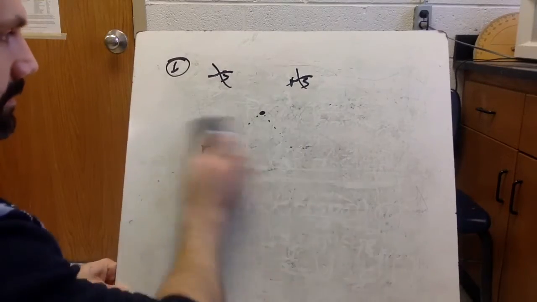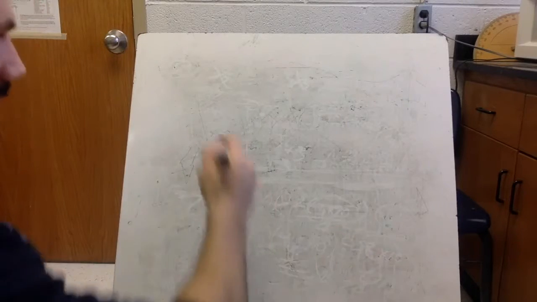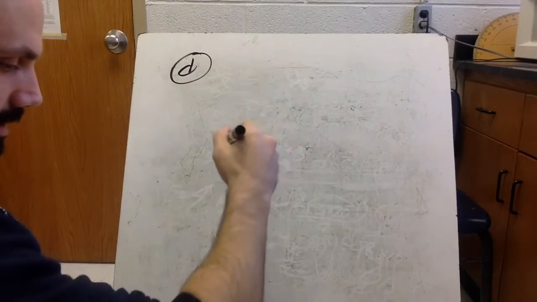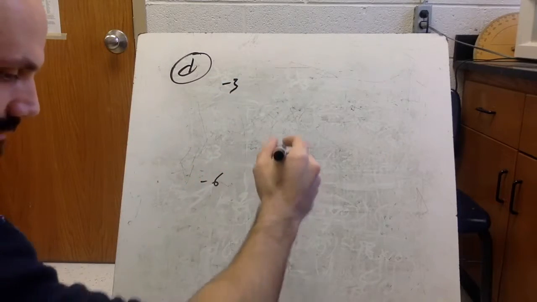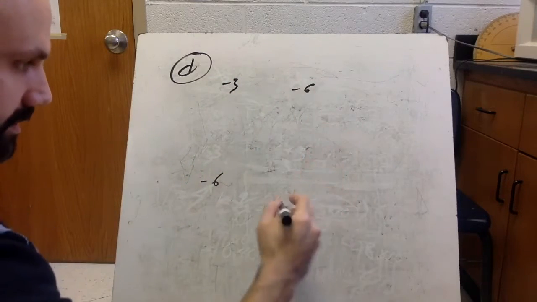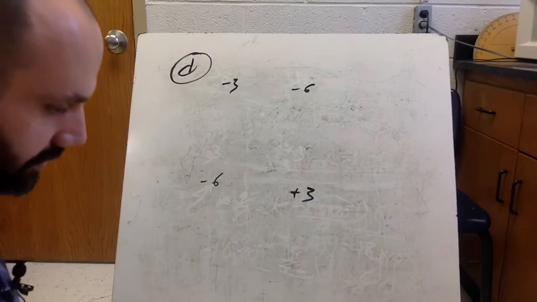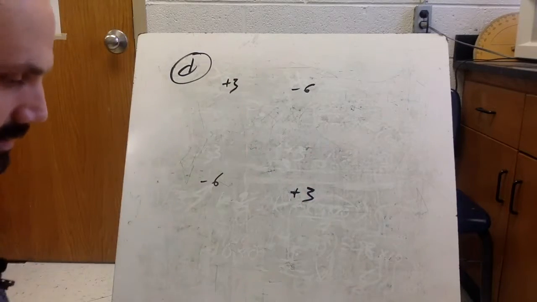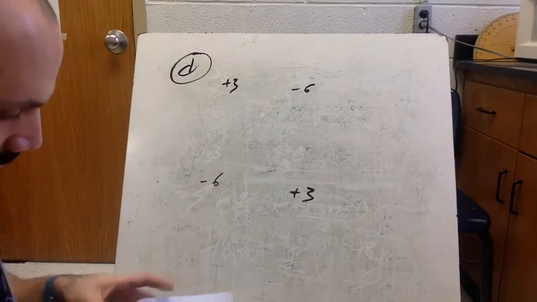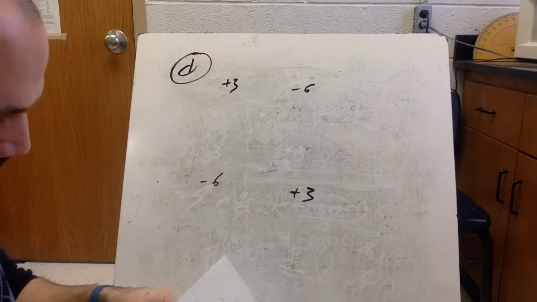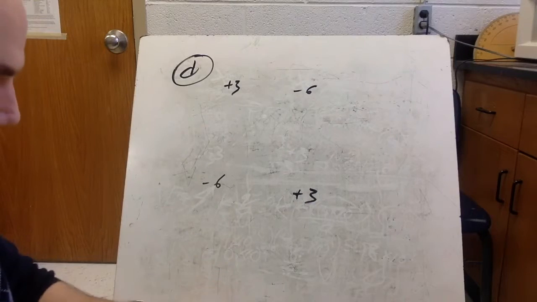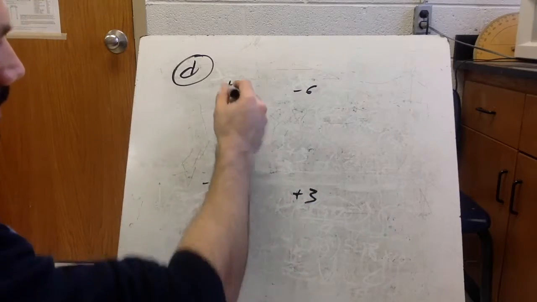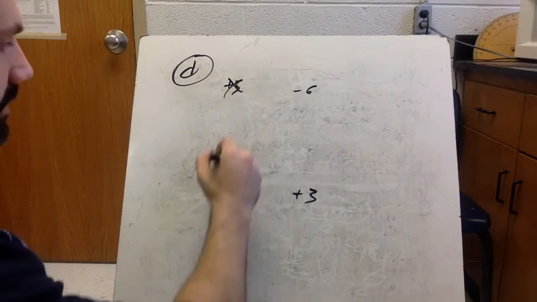And then let's take a look at D. In D, again, we've got negative 3, negative 6, negative 6, and plus 3. Or this is plus 3 also, right? Let me just check that. Yeah, okay. So then what's going to happen is, plus 3, negative 6, these all sort of cancel out.